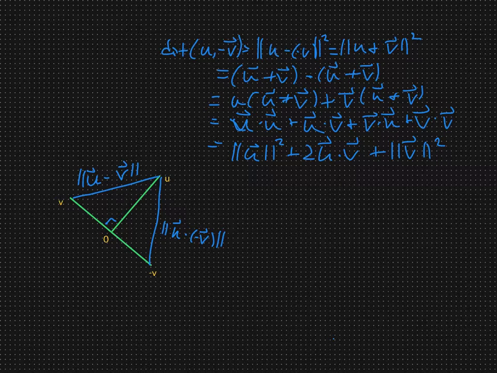Okay, now let's look at the distance between U and V. So if they're perpendicular, these two lengths are going to be equal.